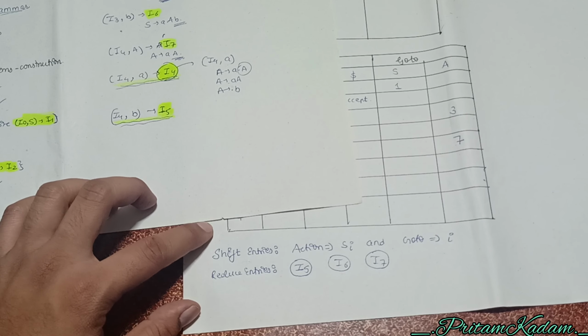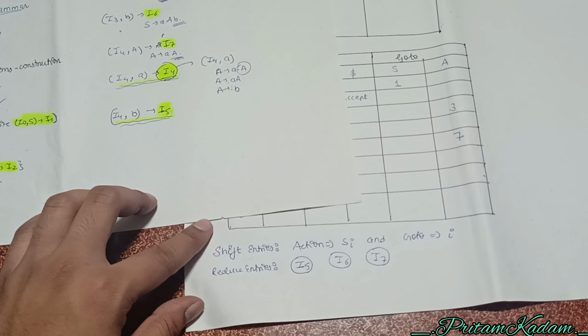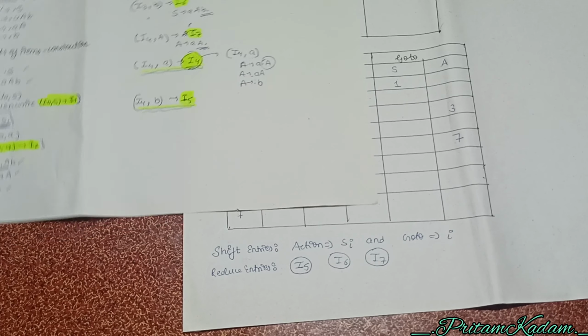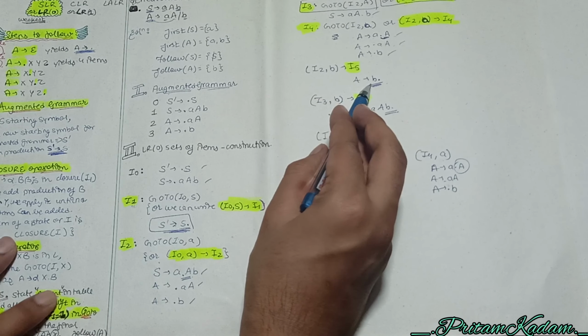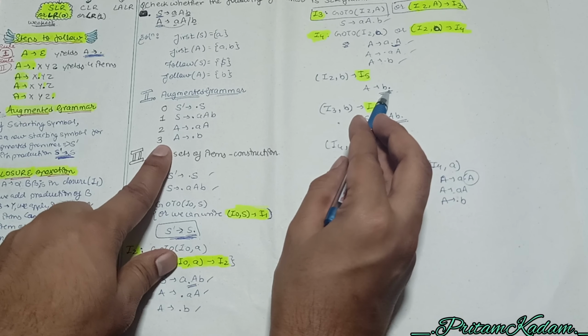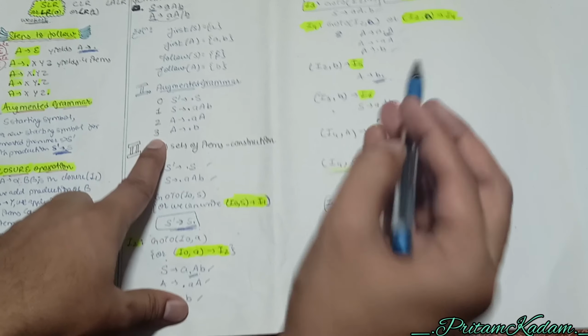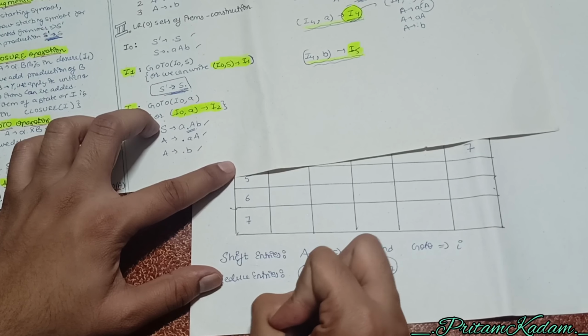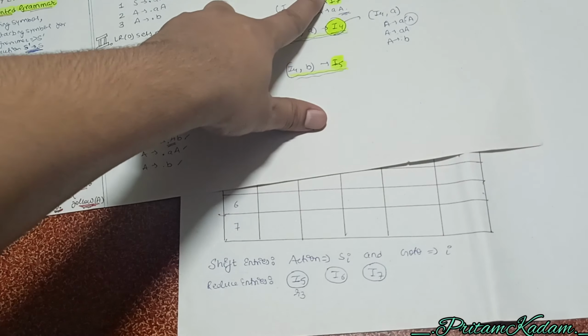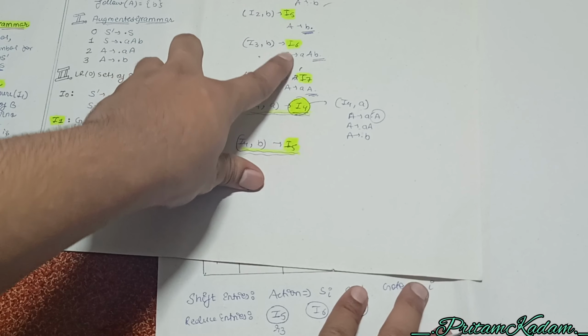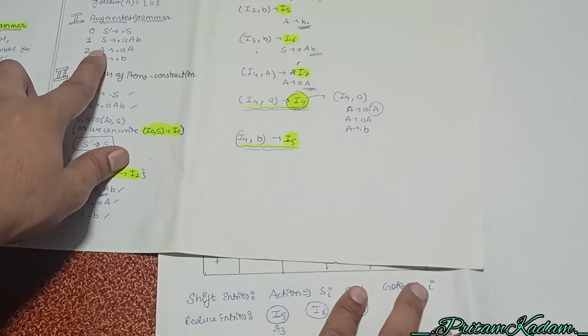So we have got the three states. Now we will find the follow of that. I5 is A gives B dot, so we will find the follow of A. That is R3, because A gives dot B is production 3 over here.